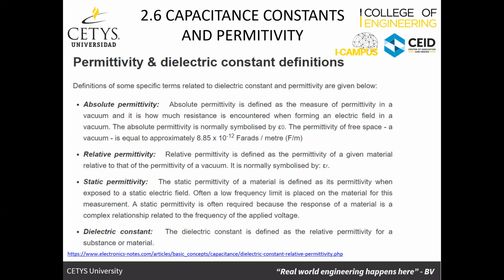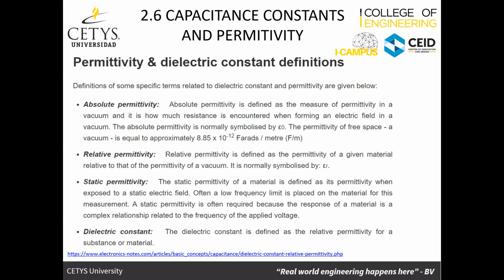Then there's what's called relative permittivity. Relative permittivity is the permittivity of the material with regards to vacuum. That's why it's called relative. Let's assume plastic, and I'm just going to say a value for the example. Let's say the absolute permittivity of plastic is 2 farads per meter.